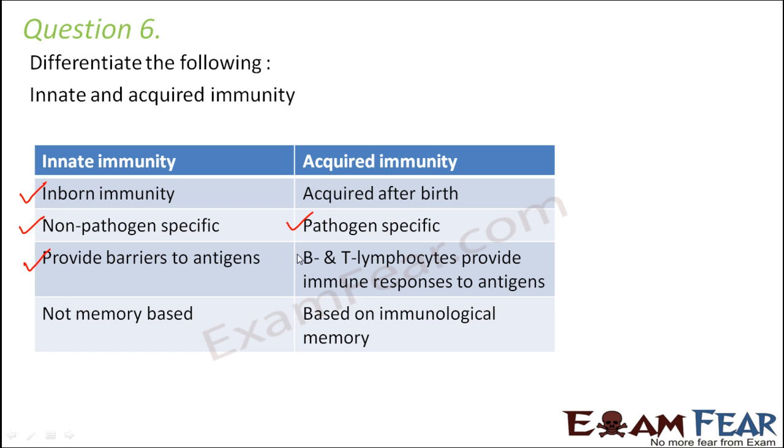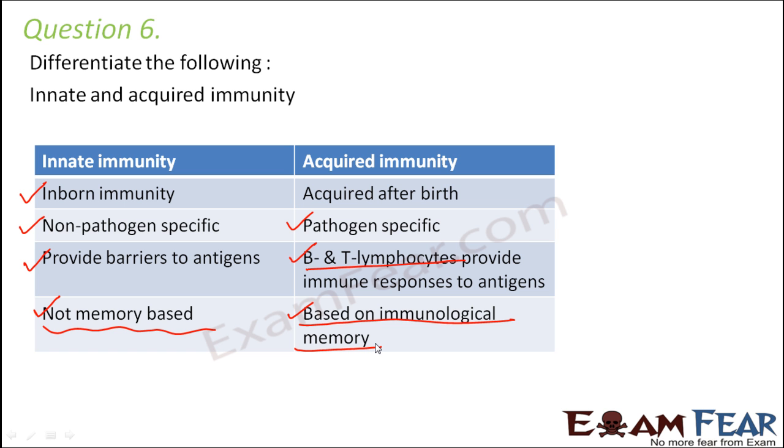But in case of acquired immunity, it is all controlled by the lymphocytes, that is the B lymphocytes and the T lymphocytes. The B lymphocytes produce antibodies in response to the antigens, and the T lymphocytes help the B lymphocytes to produce antibodies. Innate immunity is not memory based, so it has nothing to do with memory. But acquired immunity is based on immunological memory.